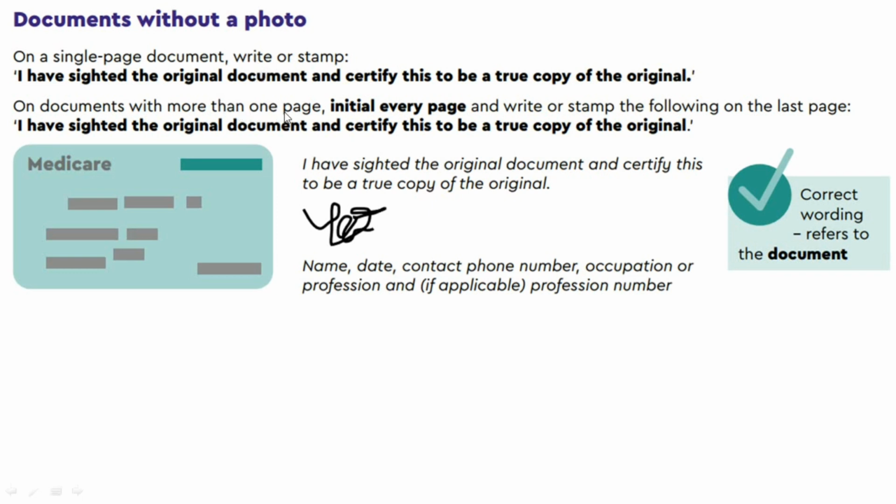On documents with more than one page, for example your transcript or some other documents, the lawyer has to write the initial on every page and write or stamp the following on the last page. Okay, on the last page, the lawyer has to write: I have cited the original document and certify this to be a true copy of the original.